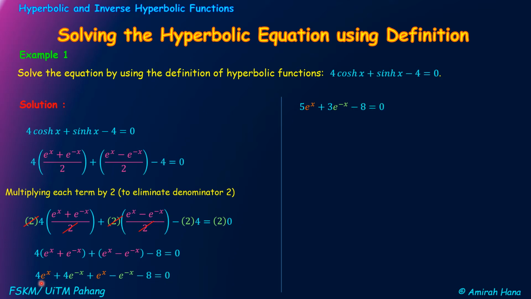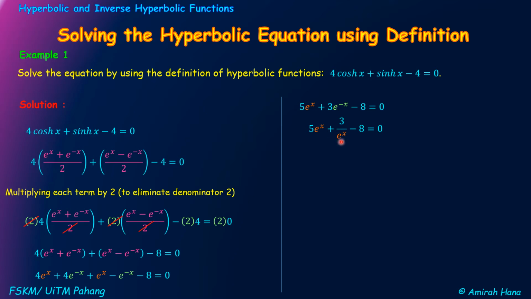Then we simplify. 4e to the power of x plus e to the power of x equals 5e to the power of x. 4e to the power of negative x minus e to the power of negative x equals 3e to the power of negative x, and then minus 8 equals 0. Using the properties of indices, we can move e to the power of negative x to the denominator, so we have e to the power of positive x.